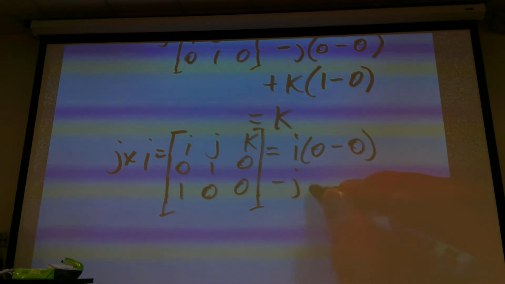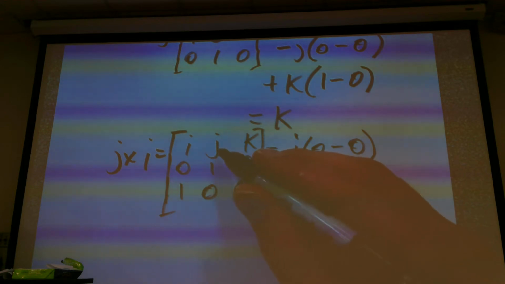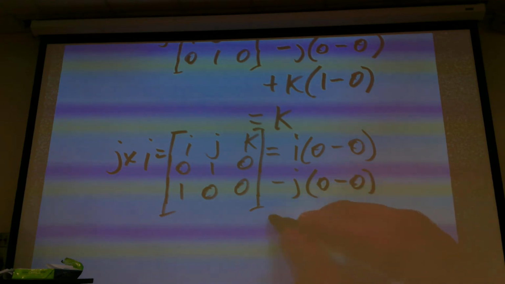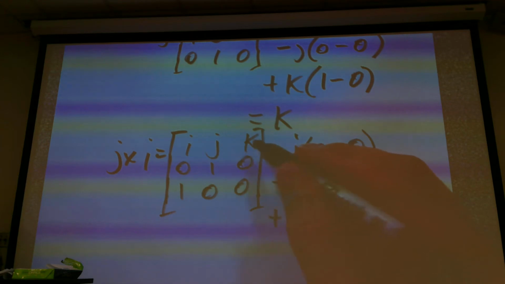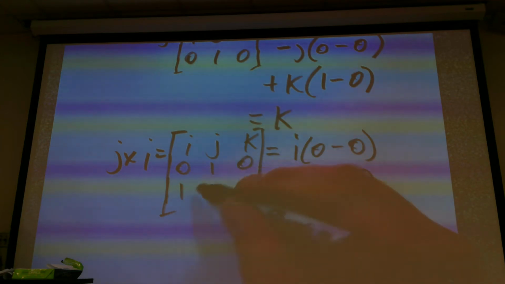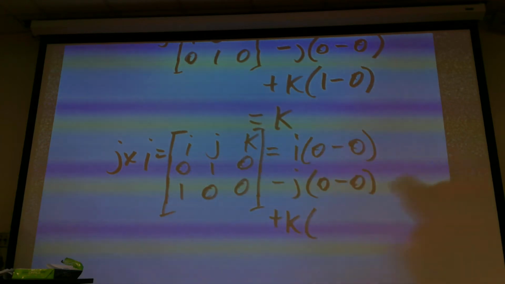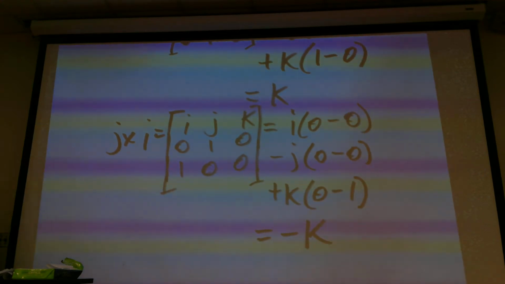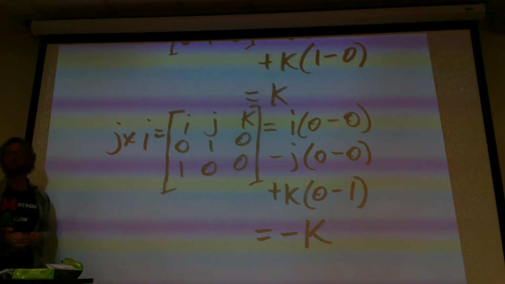And then minus j. For j, I'm looking at 0 times 0 minus 0 times 1, so that's 0 minus 0. And then plus k. For k, I'm looking at this component right here, so that's 0 times 0 minus 1 times 1, so that's 0 minus 1. That actually gives me negative k. So that would be pointed in the wrong direction.